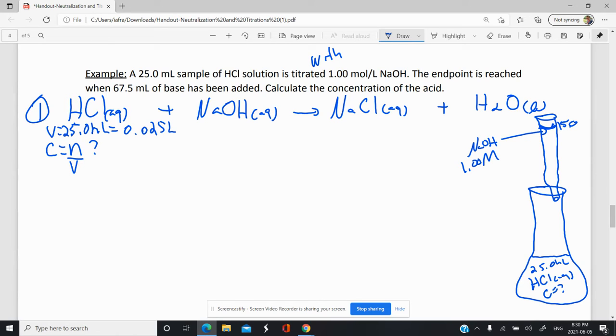That means I would have to end up at about, I'm just making these numbers up. It could be any difference. I could have been at 0 and then ended at 67.5. It doesn't matter. Let's just say I filled it up to 15 on the burette and ended up at 82.5. So 82.5 minus 15 is 67.5 mils of base that must have been added until my color change happened, until my endpoint was reached. And that's why I know the titration was over.